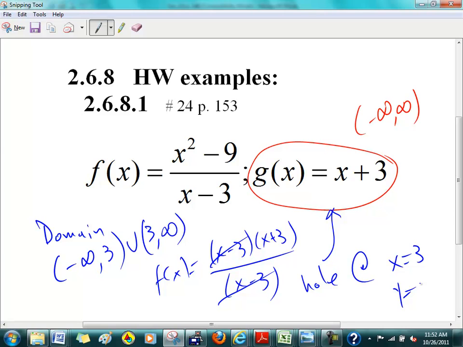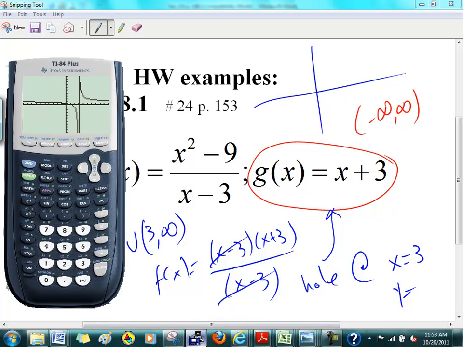Well, I know the function is undefined, but you know how when you've got a graph? Hey, let's do this. Why don't you put this in your graphing calculator and see what it looks like? Yeah, put f of x in the graphing calculator. Oh my God, it looks like a line.